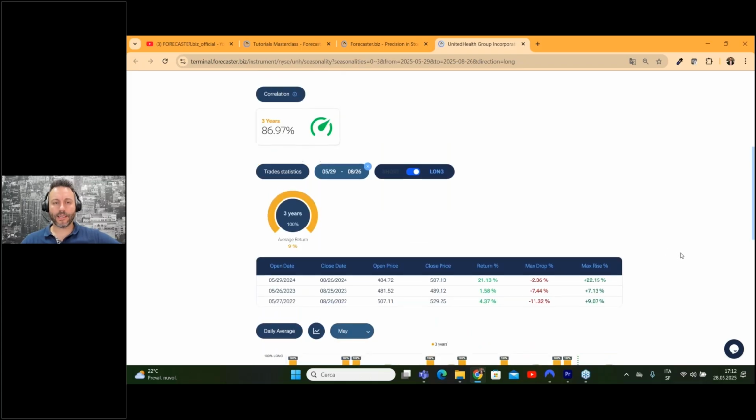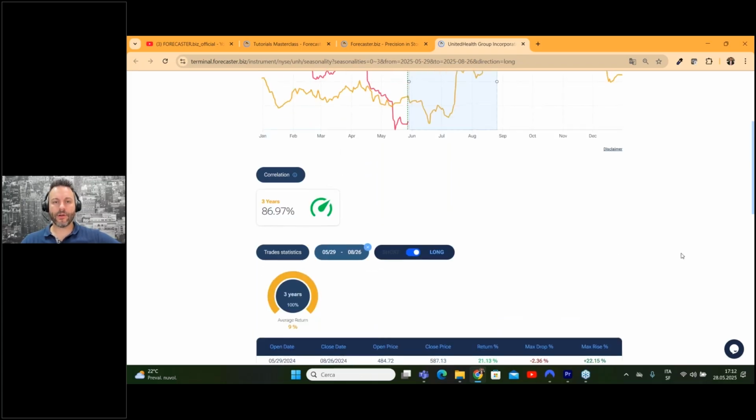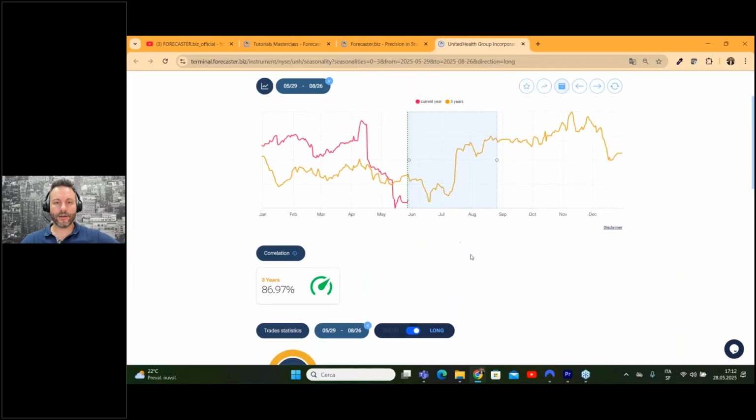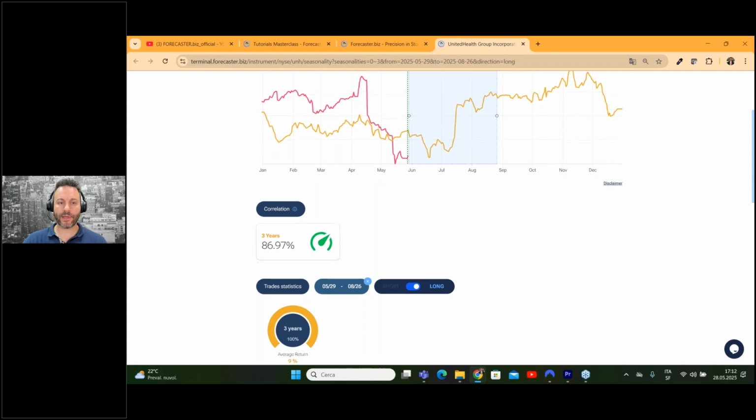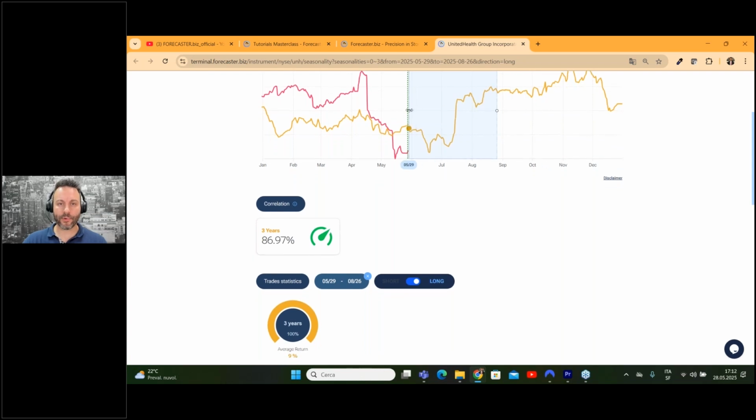So, in this case, we can go directly to the chart and we can build our strategy. For example, what happened if I select this period and not starting from today?